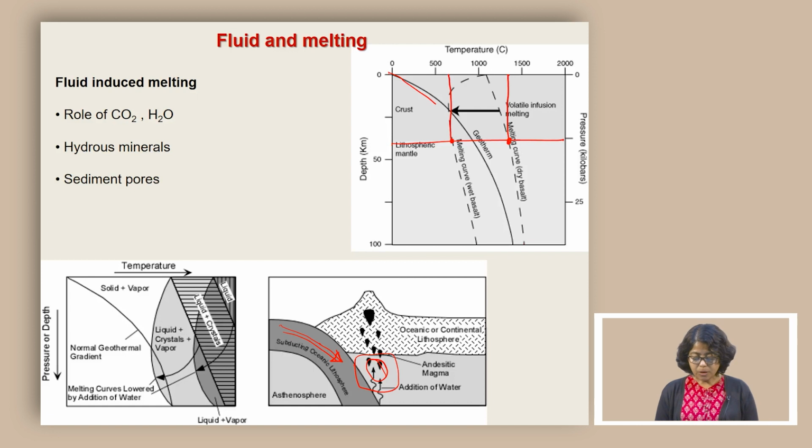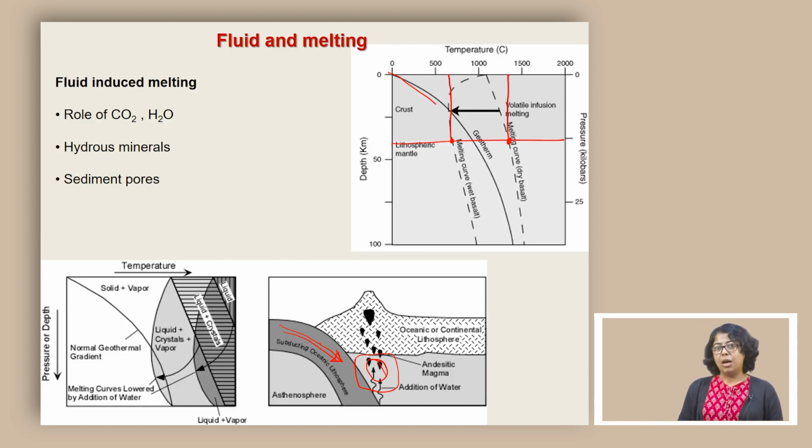So, just a summary of what we covered today is that we tried to understand that in spite of the fact that the earth is mostly solid except for the outer core, why do we find molten rocks? We also tried to understand that even though the temperature is increasing as we go deeper into the earth, how do the rocks melt at the crustal level?